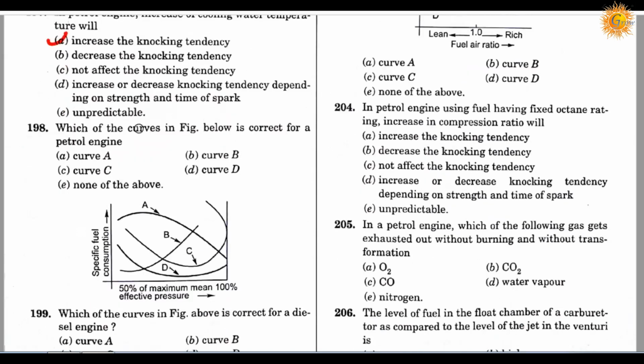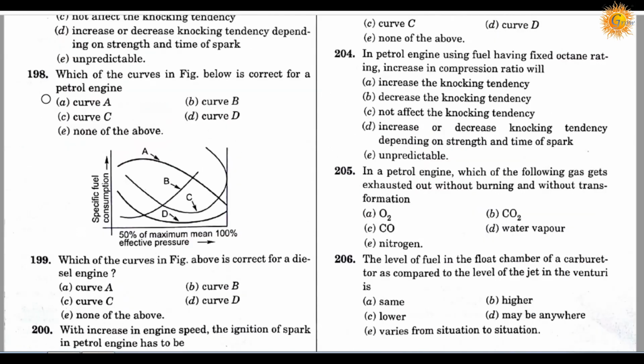Okay. Question number 198. Which of the curves in the figure below is correct for a petrol engine? Option A, curve A; option B, curve B; option C, curve C; option D, curve D; option E, none of the above.